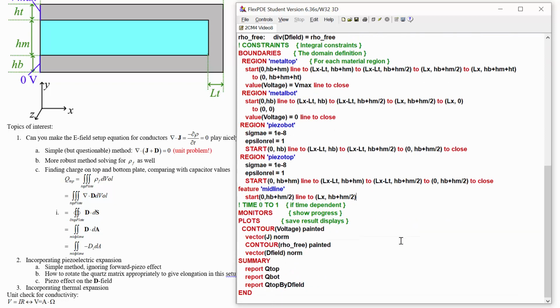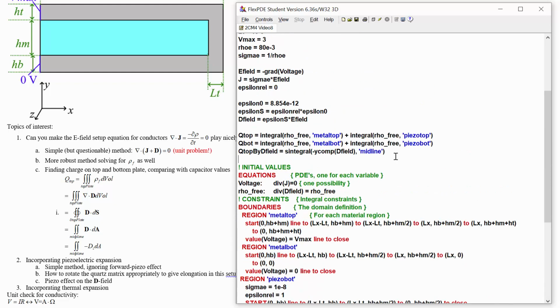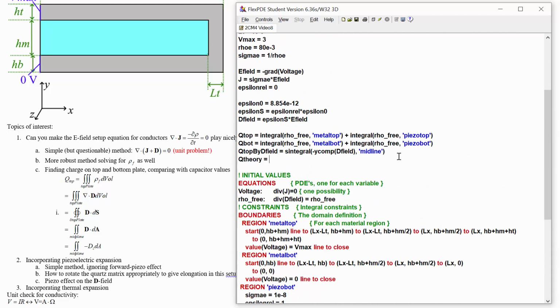Another thing that we can do is compare this with what the charge should be for a parallel plate capacitor. And that would be the voltage times the capacitance. And the capacitance is epsilon r, or really like epsilon, which I guess we're calling epsilon s, to avoid confusing it with strain later.